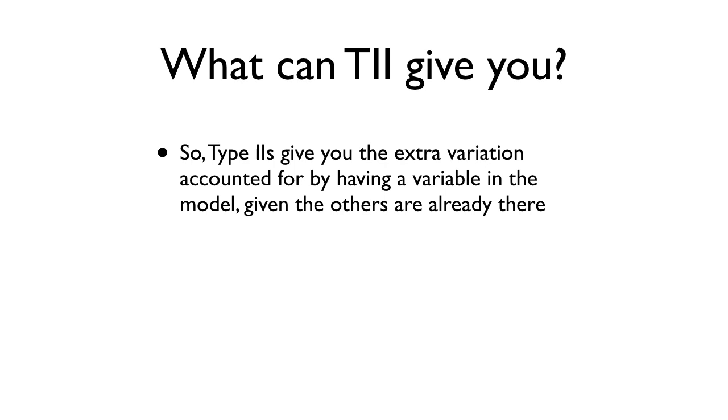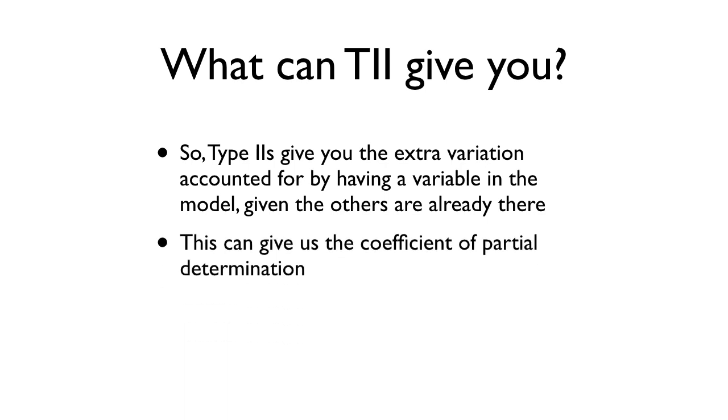So if we look over here on the right with the overlap, and it's doing it for x3, it's going to tell you just what this is, and nothing else. That's type 2 sums of squares, and if you play around with SPSS or any stats package, one of the options you can choose is the type 2 sums of squares. Just a little click, and it does it for you.